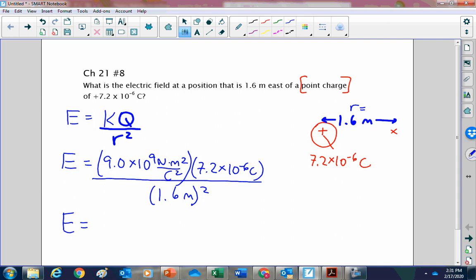Okay, so then when you do the math here, you can do it all at once. If I was going to do the numerator alone, I could do that, so maybe I will.